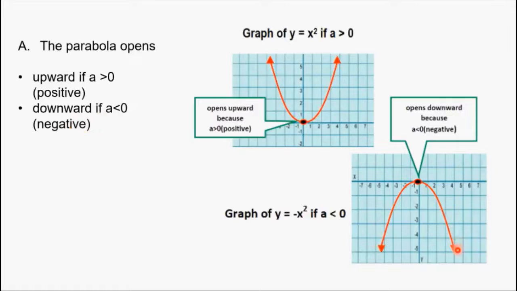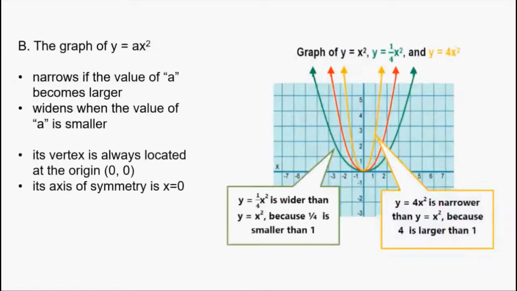In here, we have y is equal to negative x squared, wherein a is equal to negative 1. Itong dalawang example ng graph na to ang gagamitin natin as our reference sa mga susunod nating example ng characteristic ng parabola.